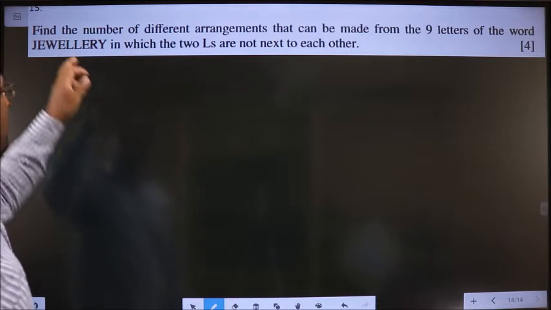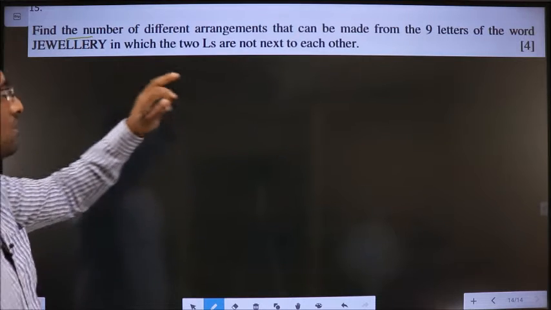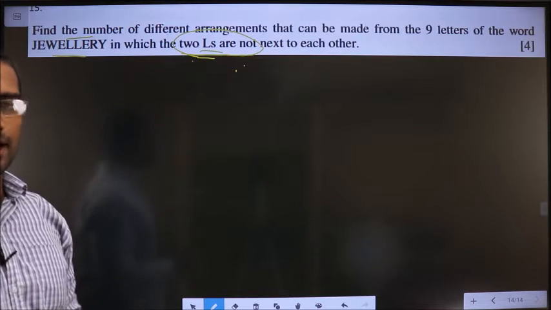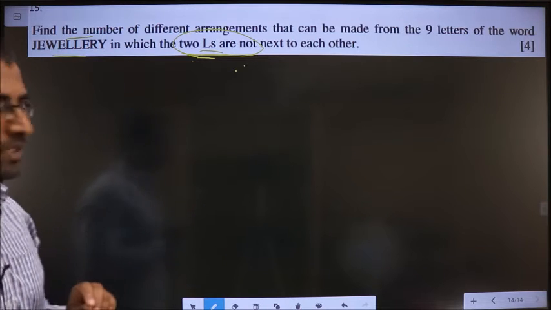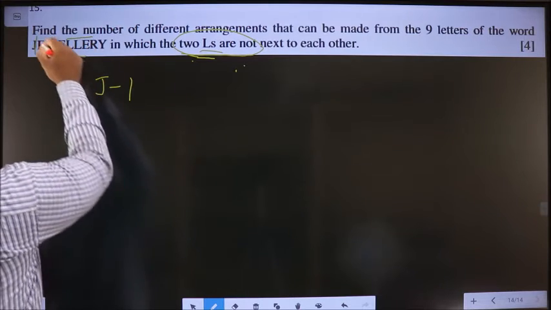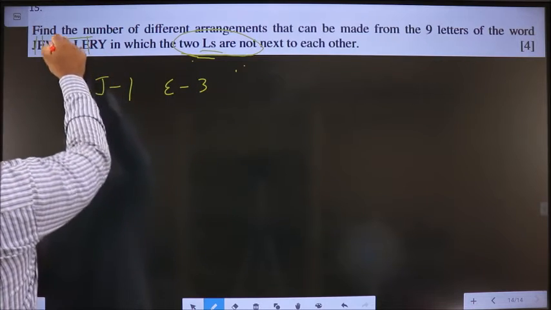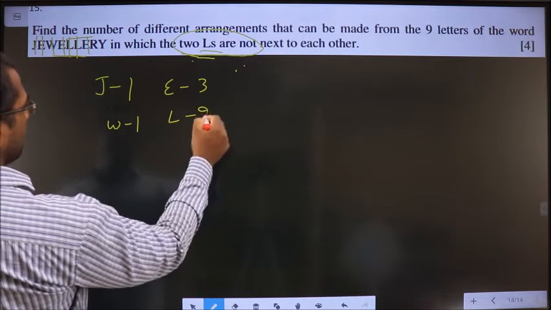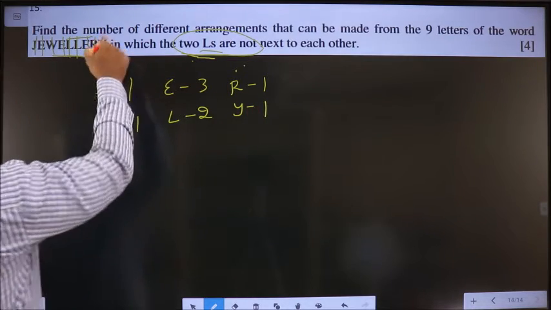Question 4. Find the number of different arrangements that can be made from the 9 letters of the word in which the 2 L's are not next to each other. The word is given, write how many times each letter has come. Letter J has come once, letter E has come 3 times, and then W has come once, L has come twice, R is present once, Y also present once.